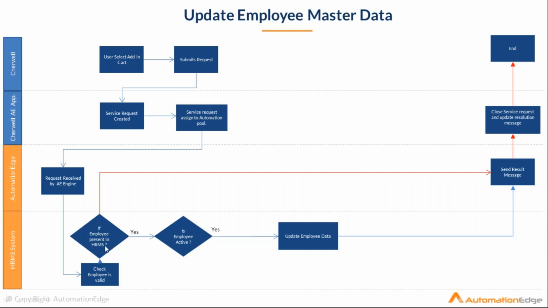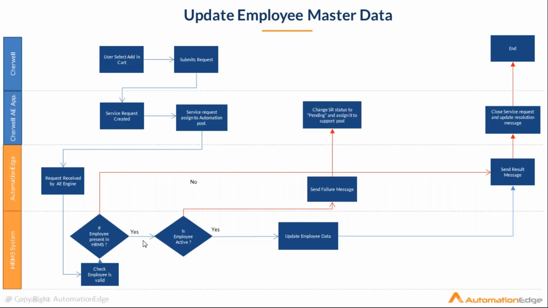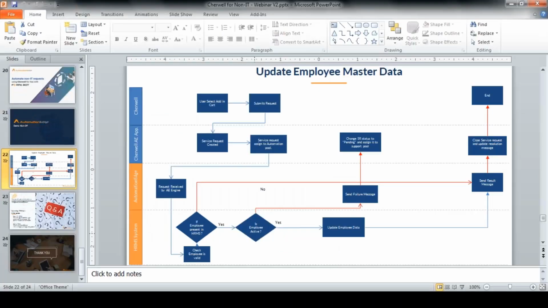However, if the employee is present in HRMS but is not active, it cannot be updated, and the message is sent as resolved, and it ends. And if the employee is not present, then a failure message is sent, and it can be assigned to a human queue. Okay, so this is the flow that I'm going to demonstrate live.